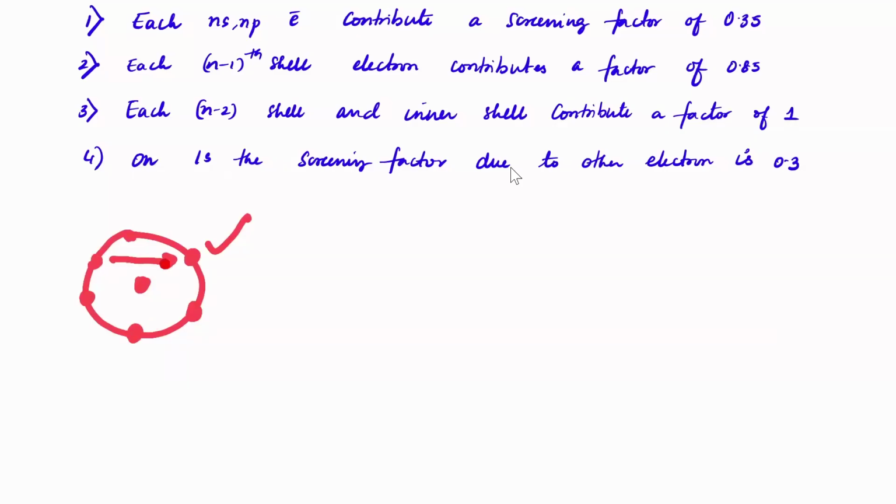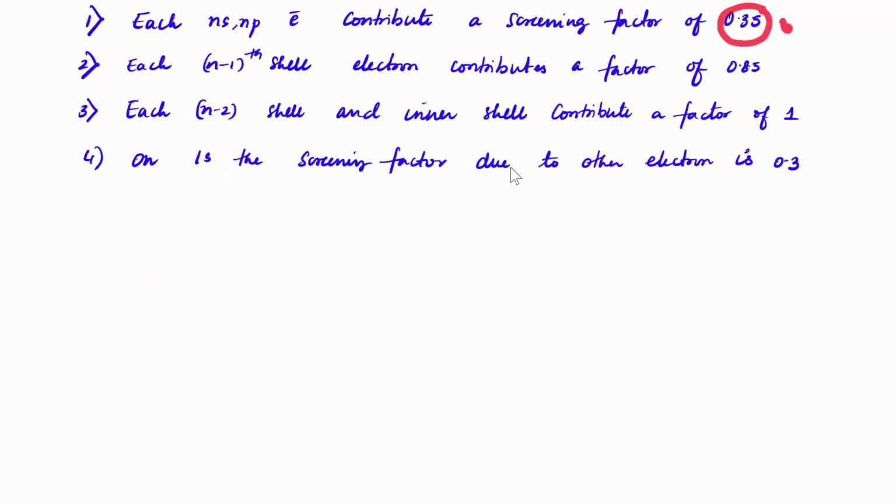Those electrons will also contribute some repulsion. How much repulsion do they give? Per electron, they will give 0.35 of detection of charge coming from the nucleus. Got it? So 0.35 for every electron is contributing as a repulsive factor.